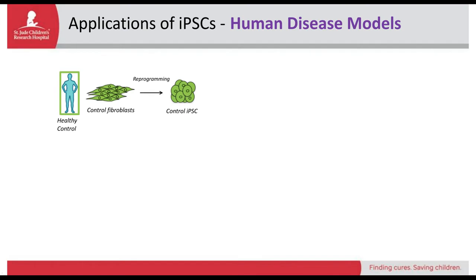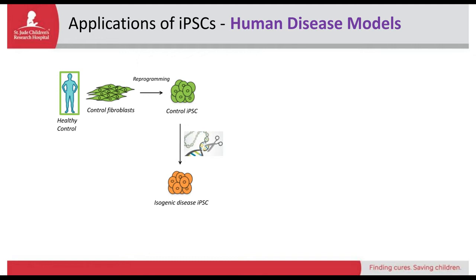Now, an alternative approach would be in case of diseases that are complex, where there is a large inter-individual variability, or diseases where the symptoms are wide-ranging. To simplify the study, one can use a control iPS line and, using CRISPR-Cas9 technology, introduce a disease-causing mutation into this control line, generating an isogenic disease iPS line.